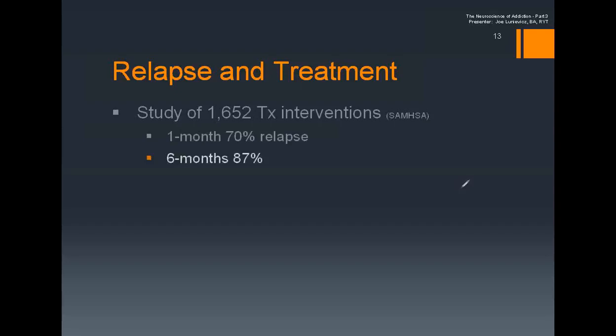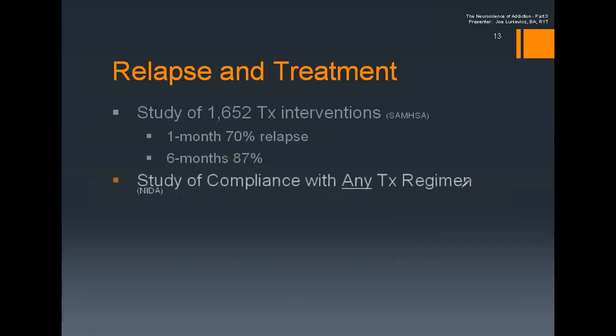Relapse has been studied significantly for all the treatment modalities and interventions that are out there, and these numbers are very similar for just about all of them. A study of compliance with any treatment regimen from NIDA, the National Institute on Drug Abuse: at 3 months, 75% relapse.